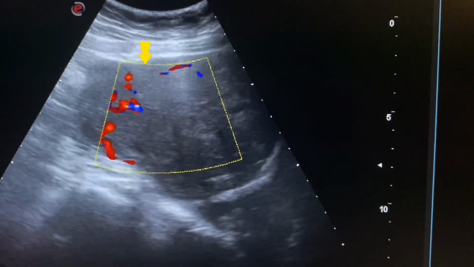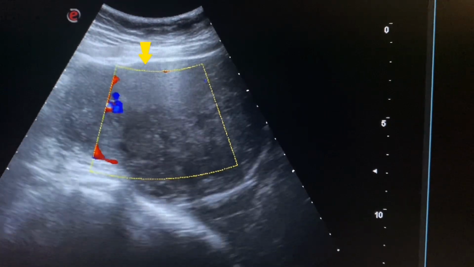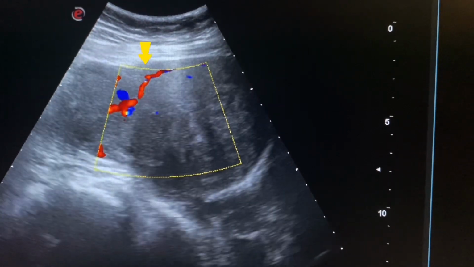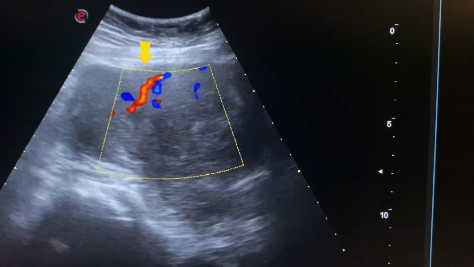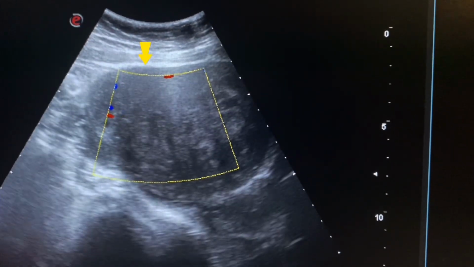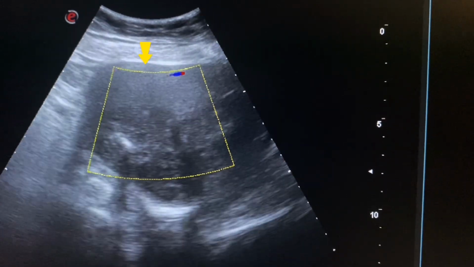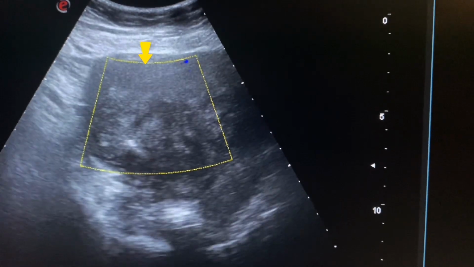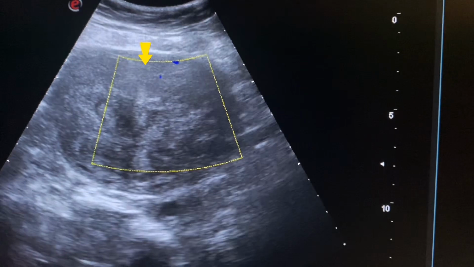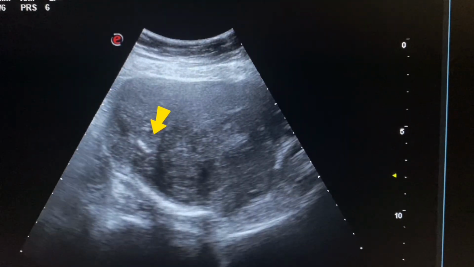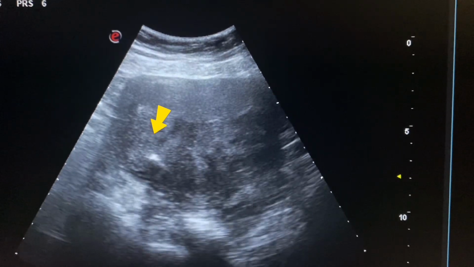Here we see increased blood flow at this part of the mass. Here we also see a calcified echogenic area with shadow.